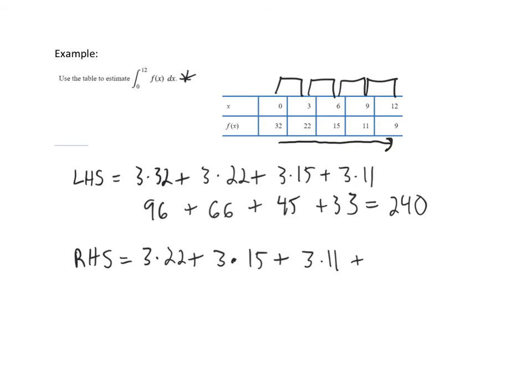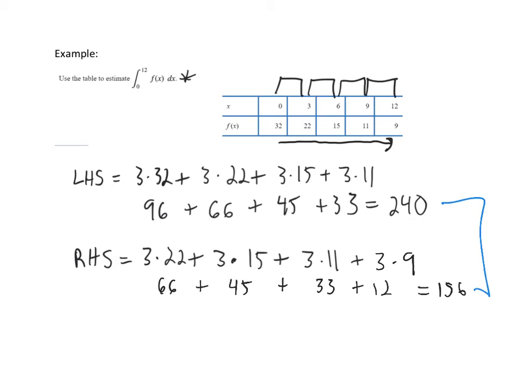And then from 9 to 12, 3 times the right-hand number is 9. So I've got 66 plus 45 plus 33 plus 27 equals 156. Now what I know is the actual value has to be somewhere between these two.